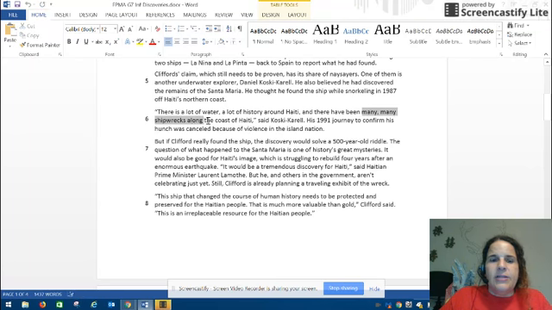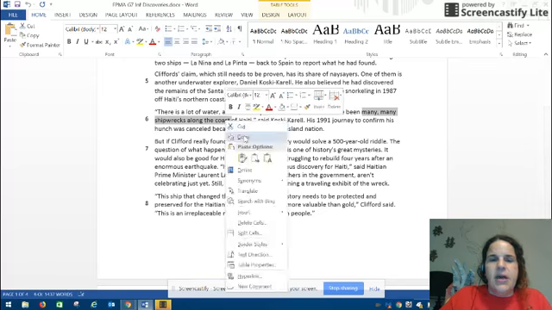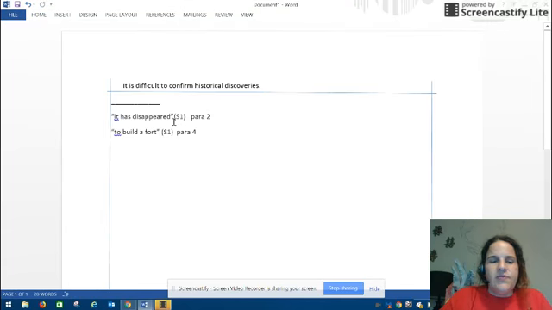Okay, but guess what? It doesn't fit here, does it? Because this is telling me about stuff disappearing. So this is not related to the location being super cluttered with a bunch of other shipwrecks.